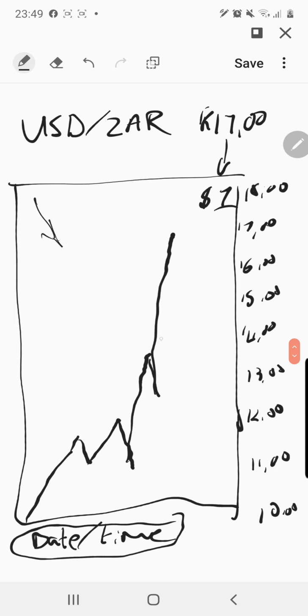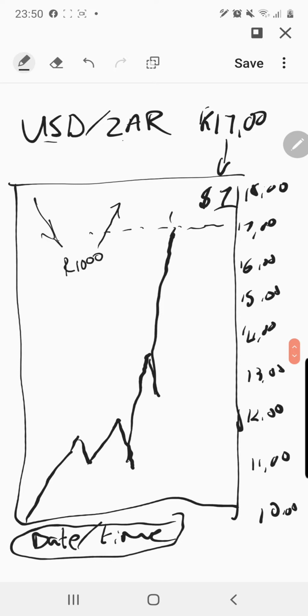Meaning, if currently the exchange rate of the dollar to the ZAR is 17 rands, for me to make money, I have to predict where it's going to be next. And if I say, you know what, from here for 1,000 rands, I say the price is going to 18 rand.